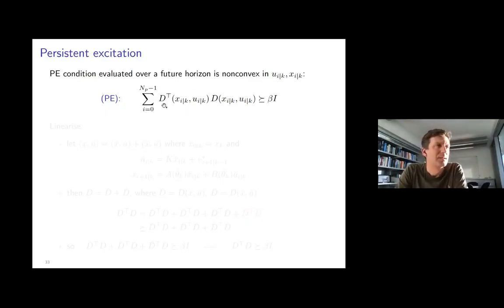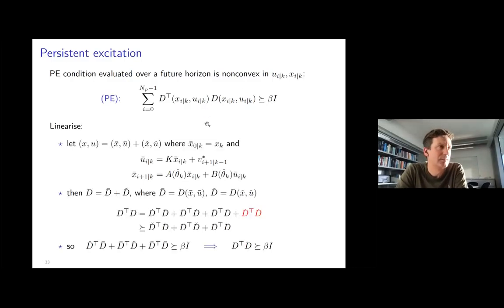So the difficulty here is that the persistence of excitation condition is actually a non-convex constraint on the optimization variables in the MPC formulation. And that's basically because the regressor here depends linearly on the optimization variables. So this represents a lower bound on a quadratic function, which gives us non-convexity.